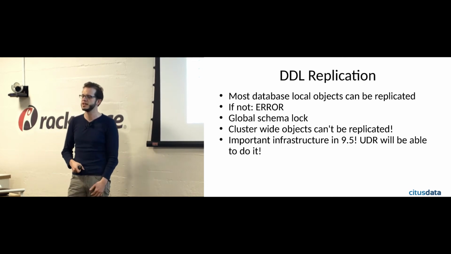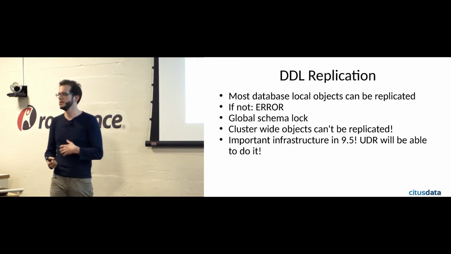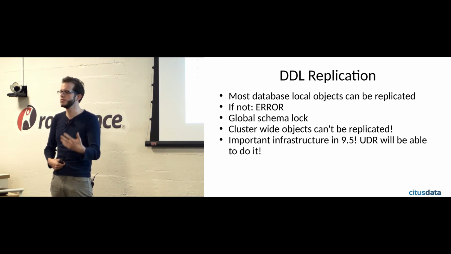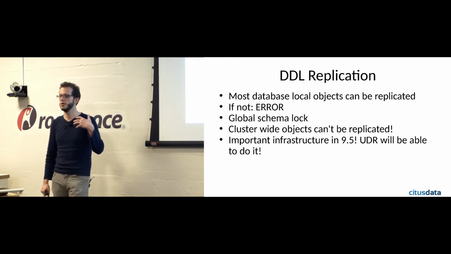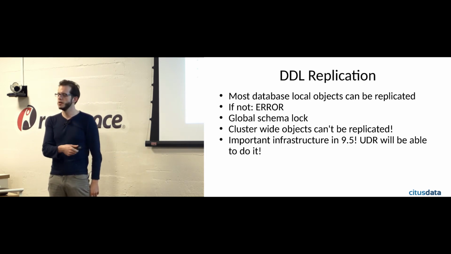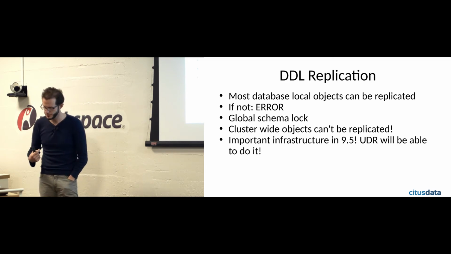So we can't easily say this user has just been added, we replicate it, because it might not be relevant on the other side. And the user might get created in a database where BDR is not configured, so it can't even know that it replicates changes to another node. So you have to replicate user changes manually, or you can use the same function that we used for UDR earlier to replicate the user change.